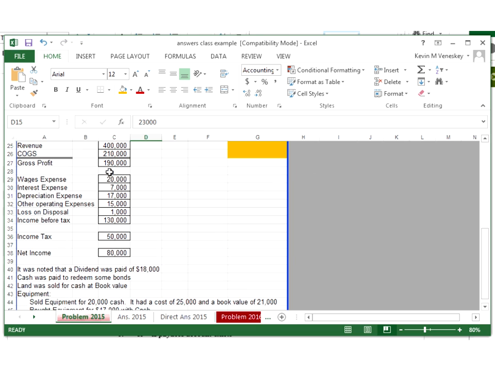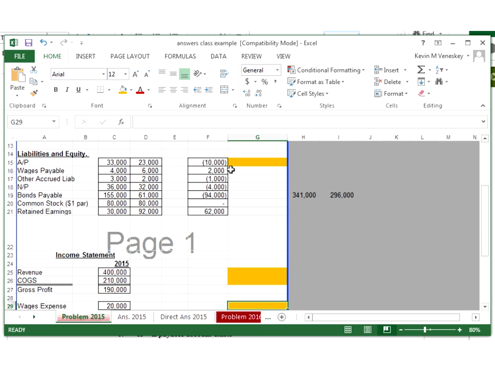Now to the employees. I go to my wages expense. It looks like I spent $20,000 on my employees, but I need to tweak that number just a bit by any differences in my wages payable. My wages payable went up by 2,000.